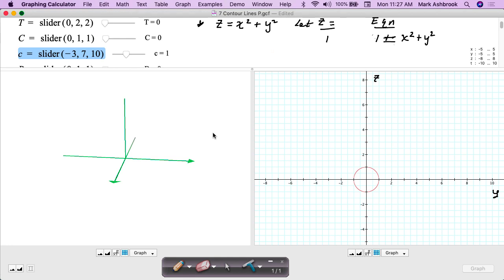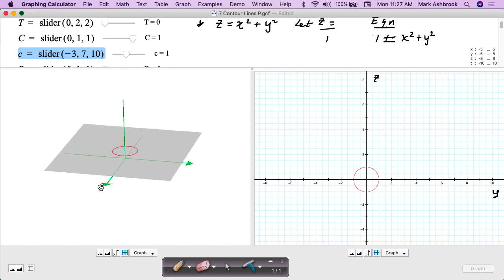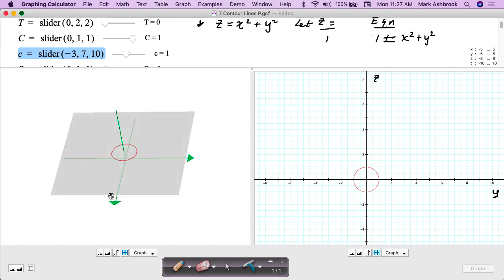So z equals 1, you get the circle of radius 1, centered at the origin. And what is the z equals 1 plane like? Horizontal, up above, right? So that's the trace you get for z equals 1.